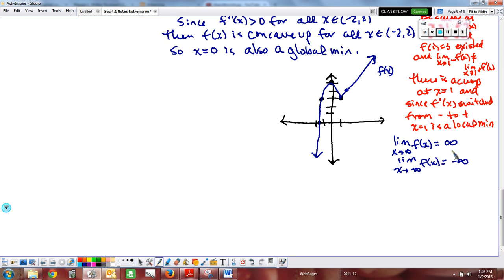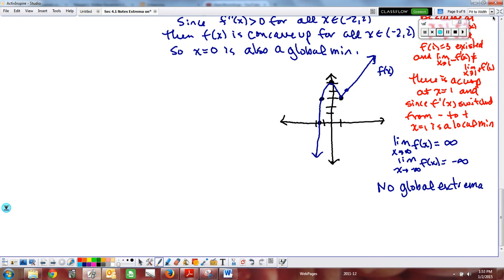And basically, knowing that piece of information, I know that there are no global extrema on the graph, because there's no lowest y value, or no highest y value, so there's no global extrema.